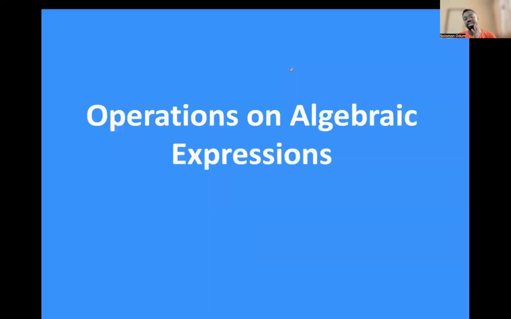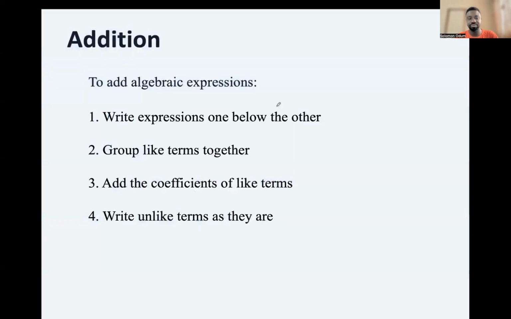I think we end here, and now we go on to operations on algebraic expressions. The operations here are addition, subtraction, division, and multiplication. We can add algebraic expressions, subtract them, divide them, and multiply them. We start from addition.